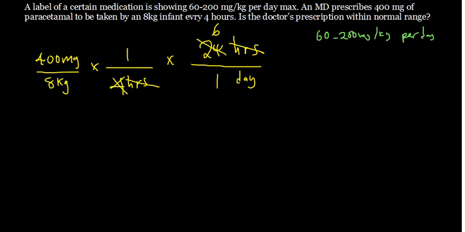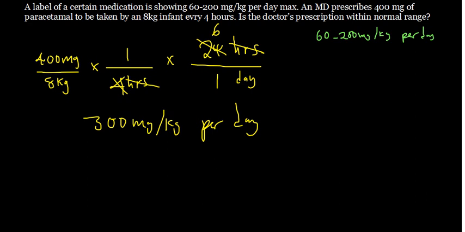That is what? A 6. So what we are going to do is 400 divided by 8 and then multiplied by 6. 400 divided by 8 multiplied by 6. This has given me 300 milligrams per kg per day.